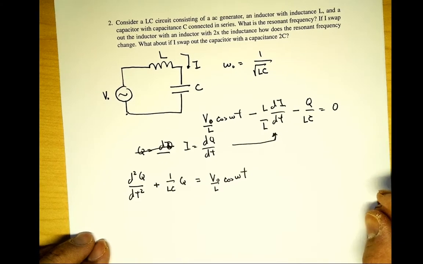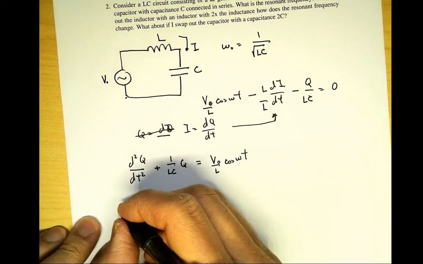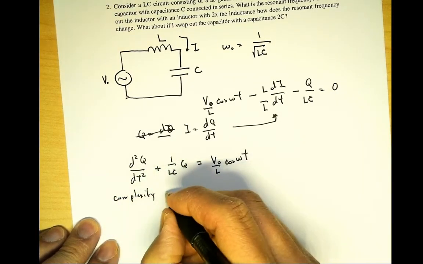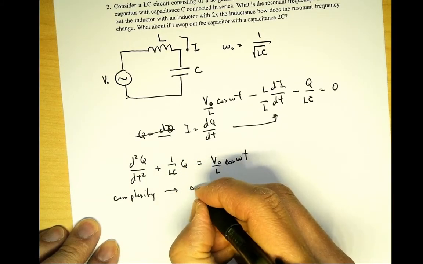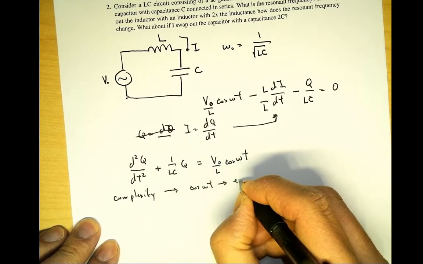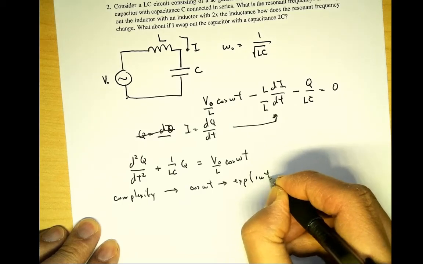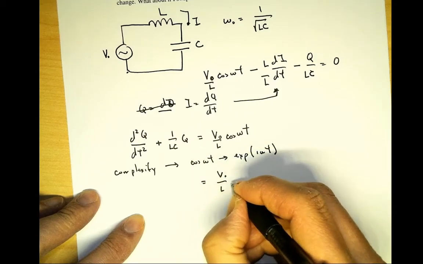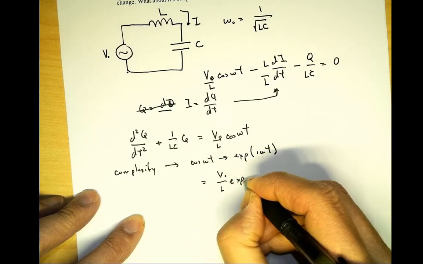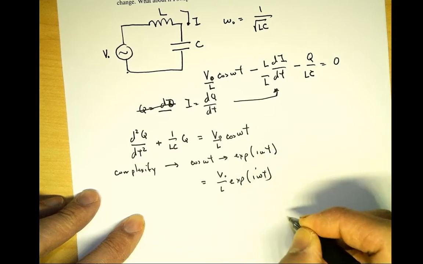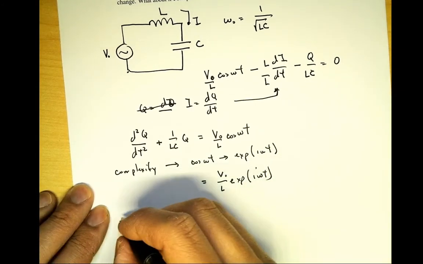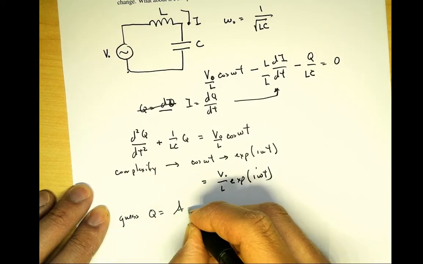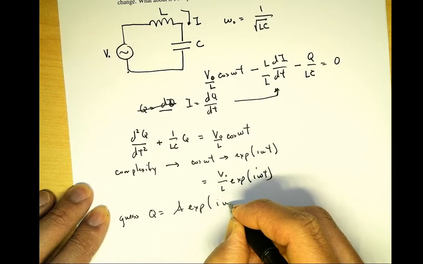Then what you do is you complexify this, which turns cosine omega t into e to the i omega t. So it's going to be equal to V0 over L e to the i omega t. And now we have the guess: Q is equal to some A e to the i omega t.